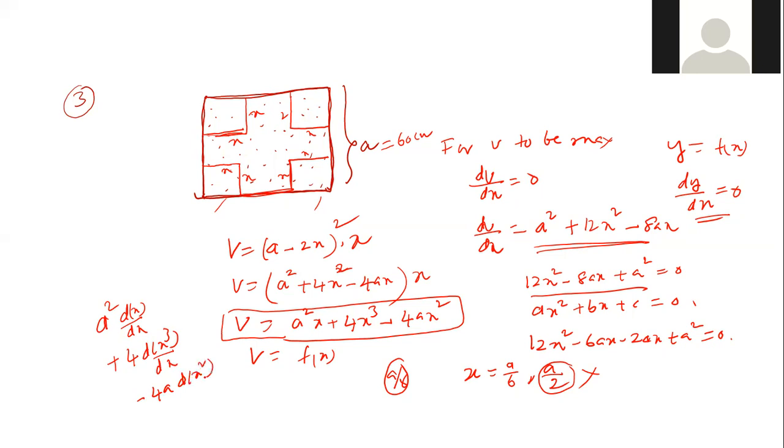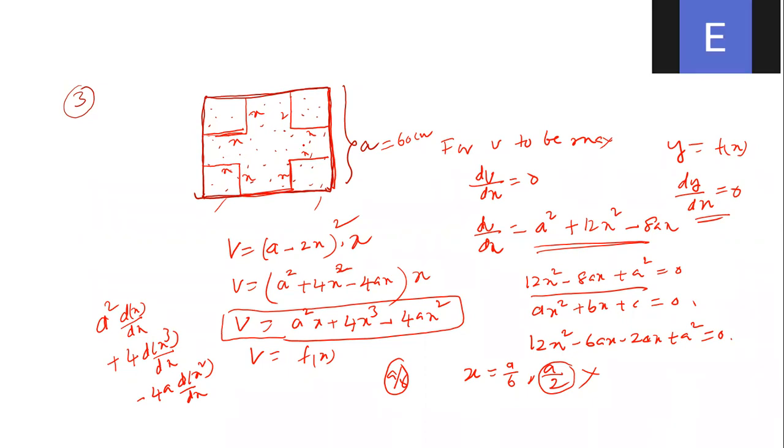Yes, sir. A is a constant. The only thing is how much we cut is a variable, right? So this x is a variable. We can cut 5 centimeters, 10 centimeters, 8 centimeters. So how much should I cut so that if I fold the 4 flaps, make them vertical and stick them, that will form a box?